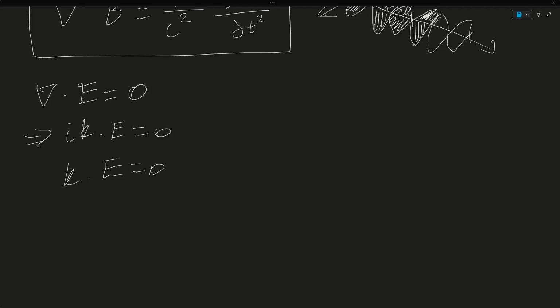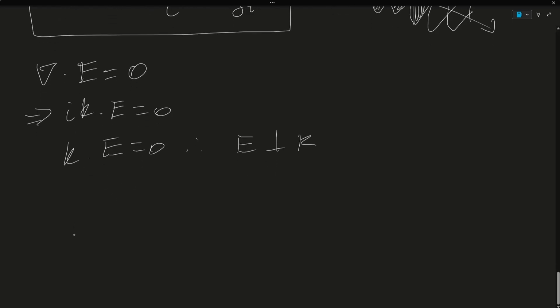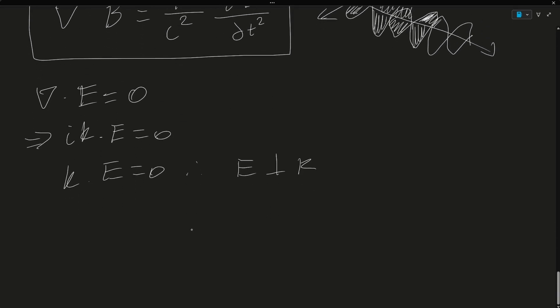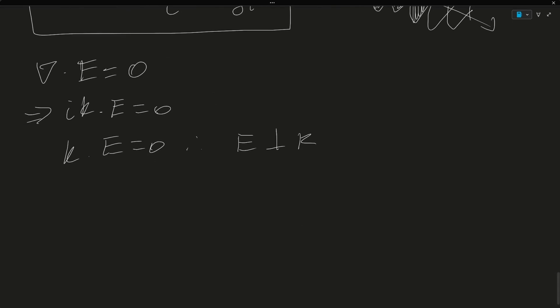Hence, the electric field, I can write, therefore, the electric field is perpendicular to k. Obviously, perpendicular is weak in 3 dimensions, which is why we say orthogonal, but that's okay. Similarly, you can do the same thing, I'll do it quickly.